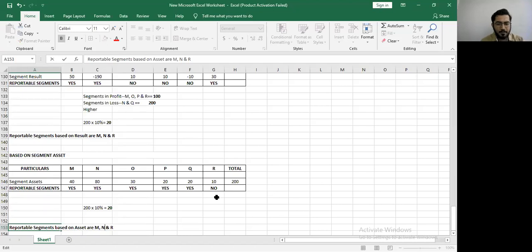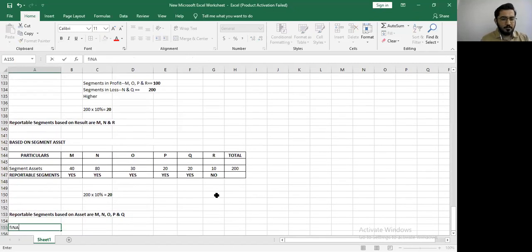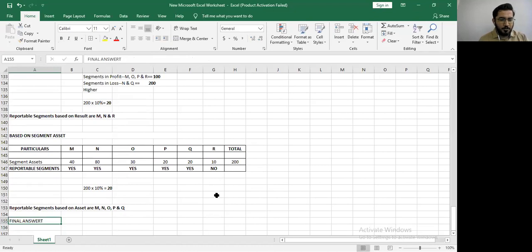So your segments reportable based on assets are M, N, O, P, and Q. Let's check the reportable segments.